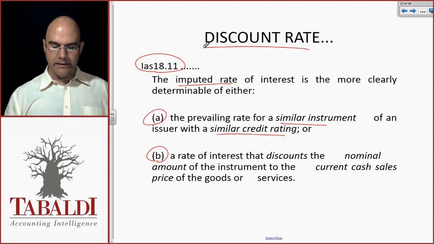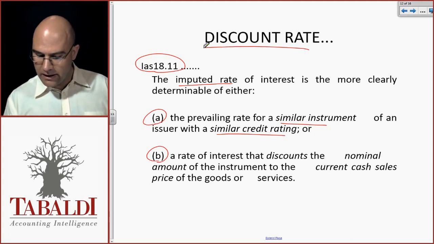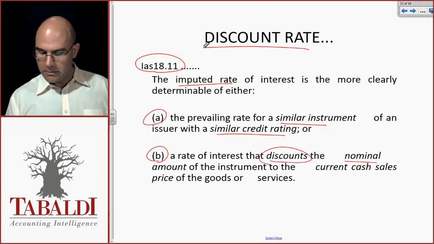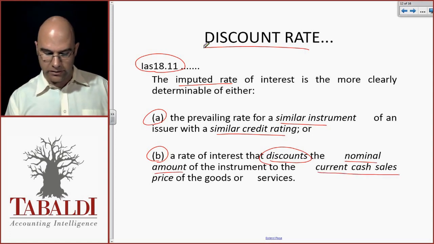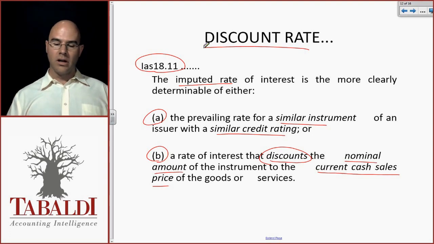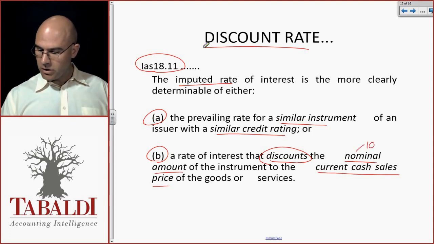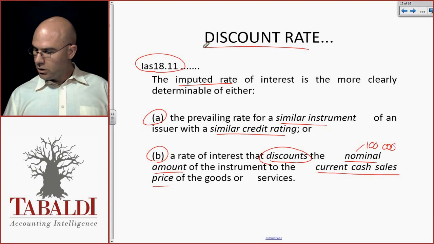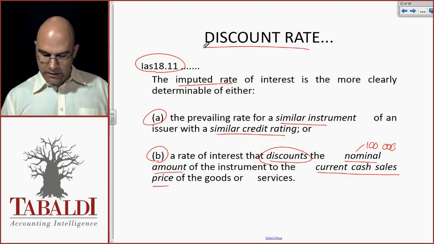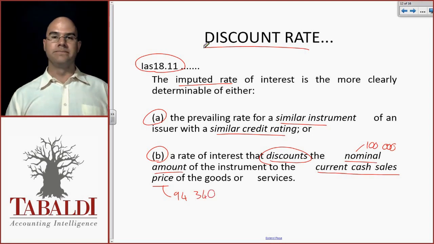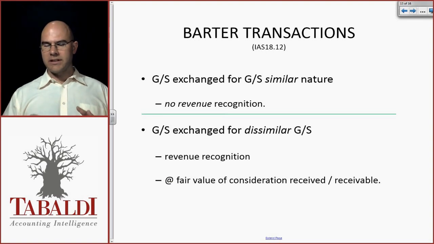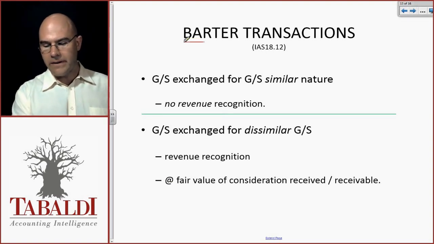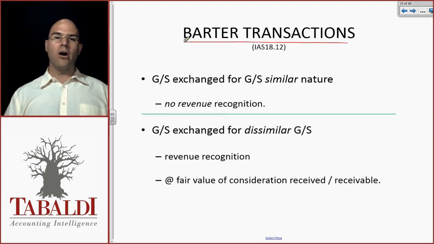What's most likely is that you will look at a rate of interest that will discount the nominal amount, in our last example, the 100,000, to the current cash sales price of the goods or services. So nominal amount in our last question was the 100,000, whereas the current cash sales price was the 94,340.